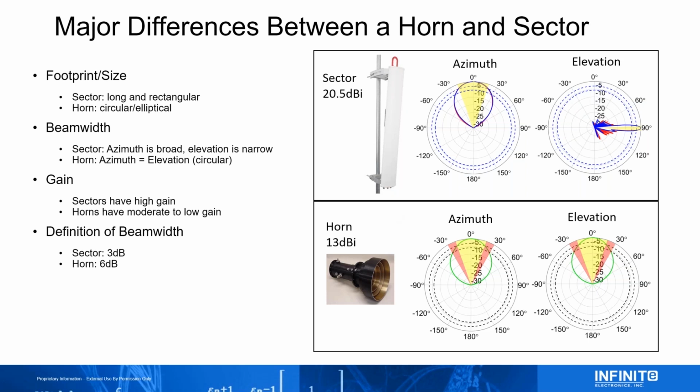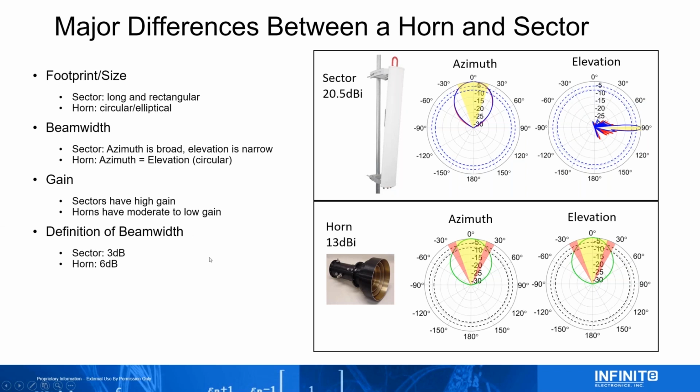You have to compare a 30-degree sector with a 3 dB beam width of 30 degrees to a 45-degree horn, where that 45 degrees is a 6 dB roll-off. And you can see here that if this is a 45, it's not providing the same level of coverage as the sector here in the red zones, because the roll-off is so much more.